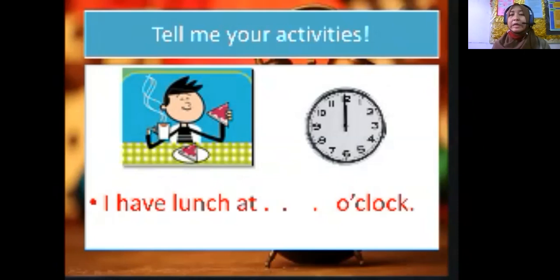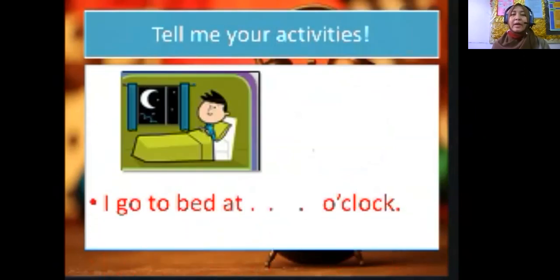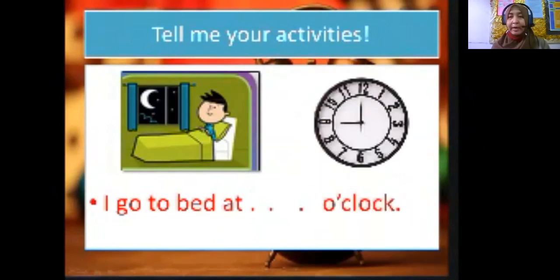So what's the time? Yes, "I have lunch at 12 o'clock," he said. How about you? The last one, what is the boy doing? Yes, he goes to bed. "I go to bed at," excellent, "9 o'clock."